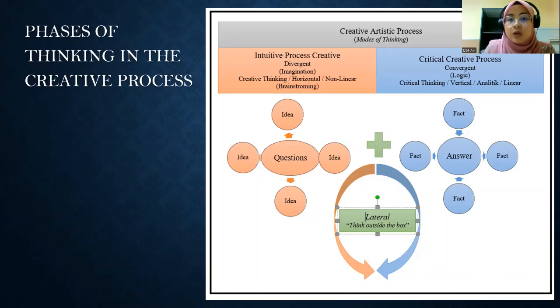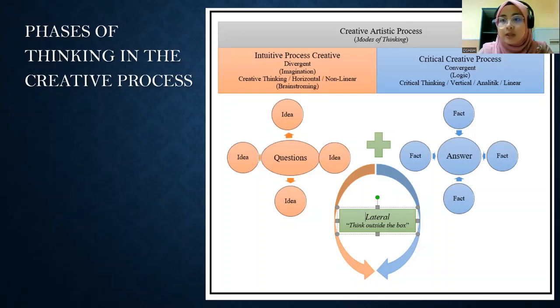The intuitive creative process is also known as divergent, where your imagination, creative thinking, horizontal, non-linear, the brainstorming part, where the questions and ideas come. The next one is the critical creative process, known as convergent, where the logic comes, not imagination.